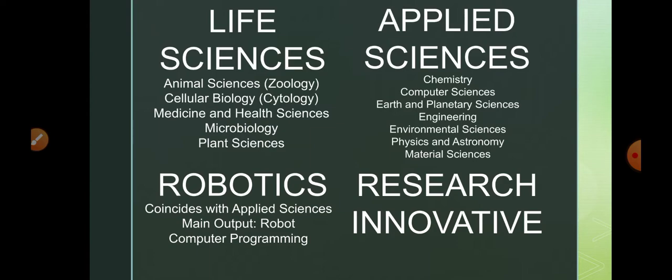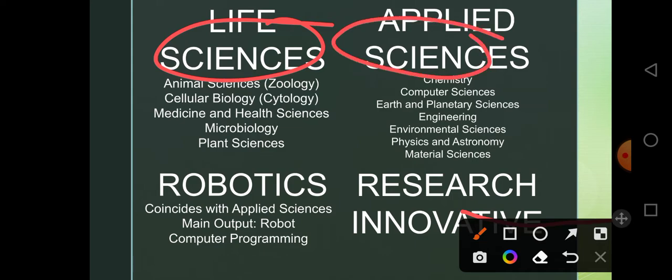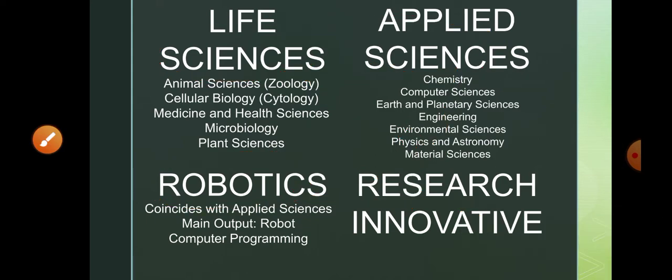Now for research innovative, okay, so the research innovative category is somewhat a combination of the three other categories. However, the main distinction of the research innovative category is that you will be required to innovate, or upgrade, an existing product.